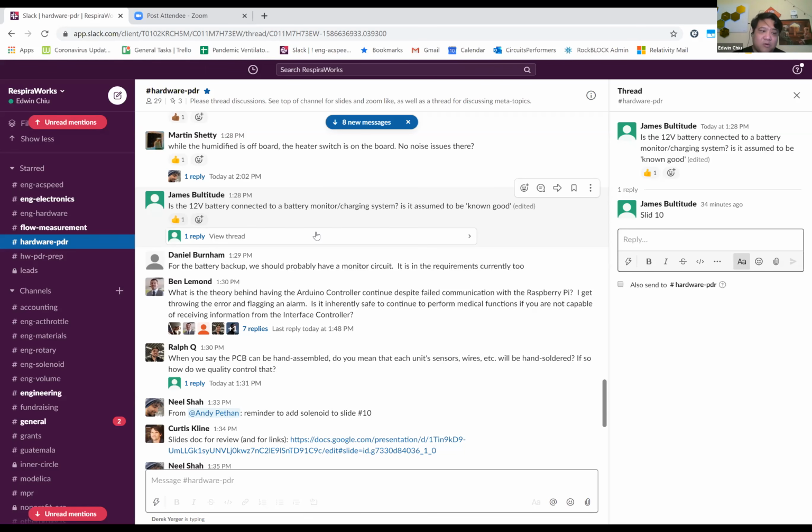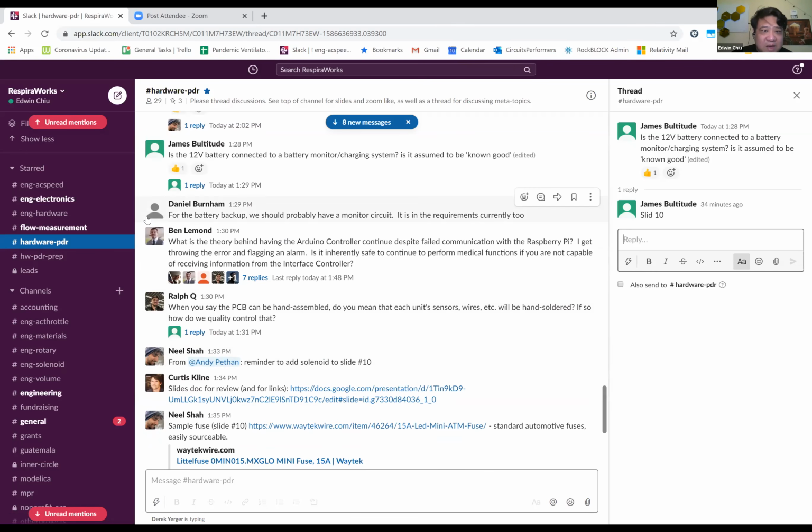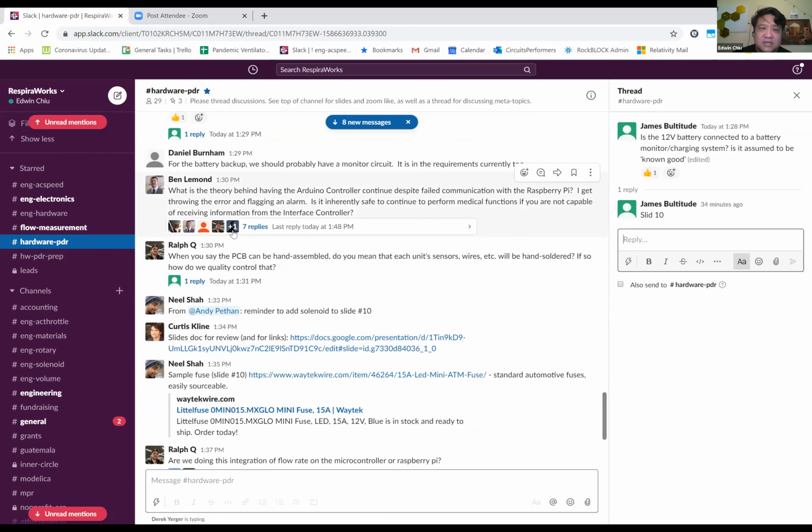Even a poorly working car battery will give you a few hours of operation, and we'll also add voltage monitoring on the ventilator to alert to problems with the battery. Yep, Daniel just writes back, we should have a monitor circuit, which is there in the circuit diagram if you see that in the slides.